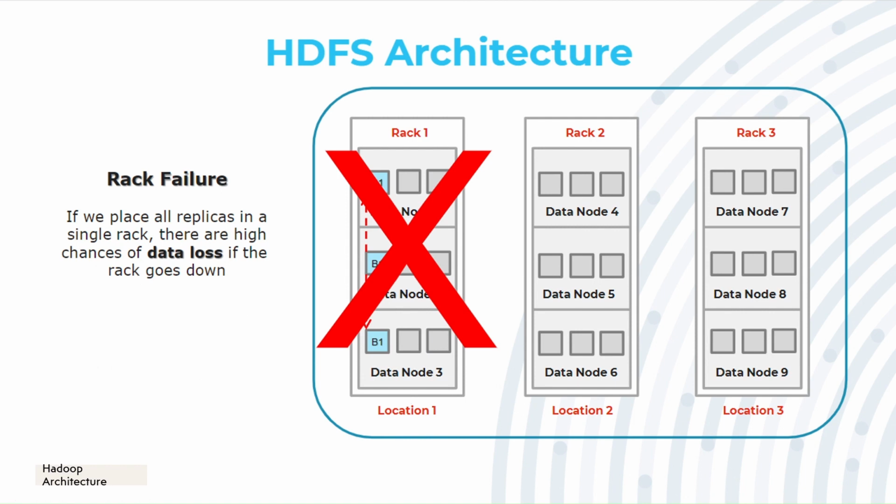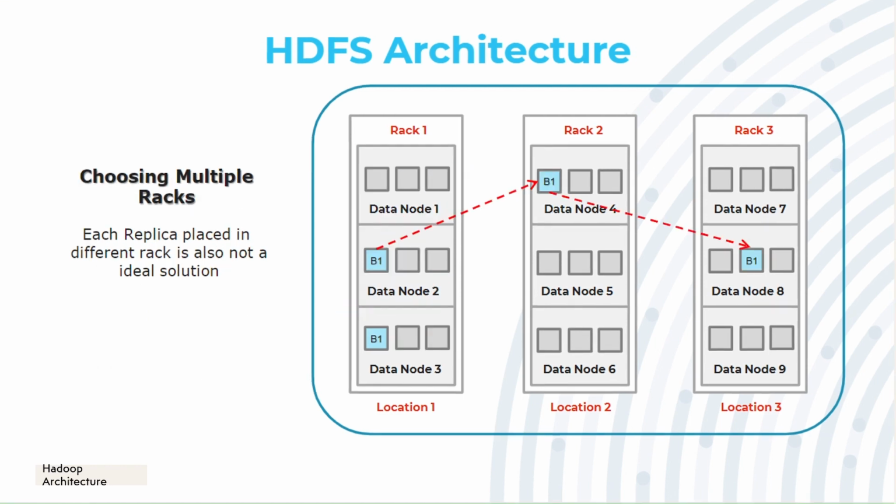Okay, so if we place all replicas in a single rack, there is a high chance of data loss if the rack goes down. Then what if we place each replica in a different rack? That is also not an ideal solution.